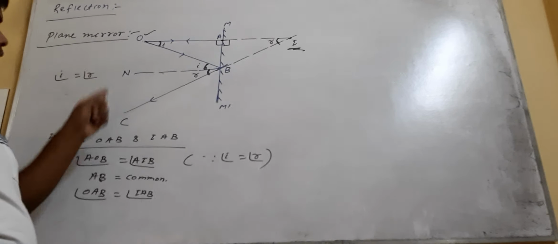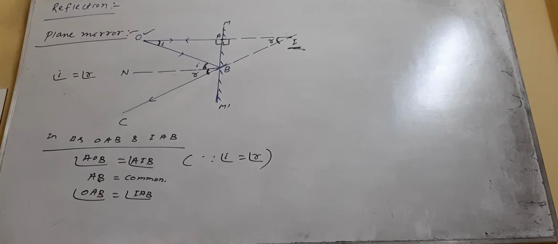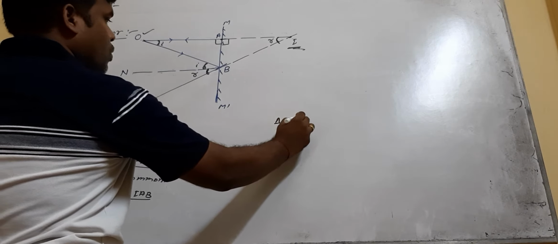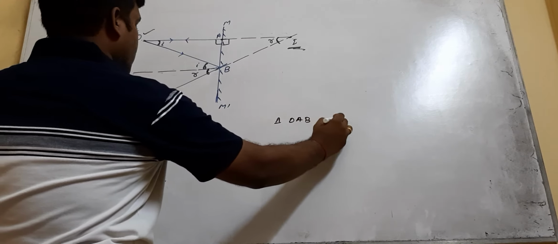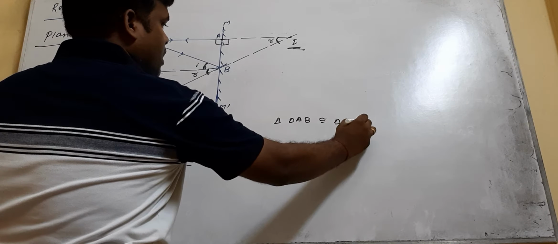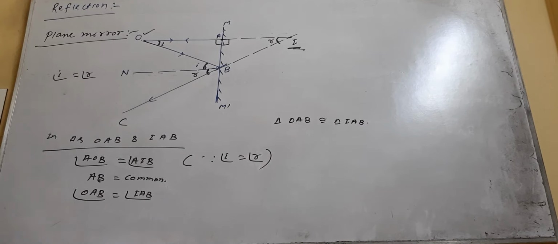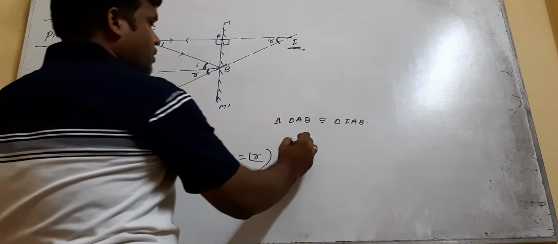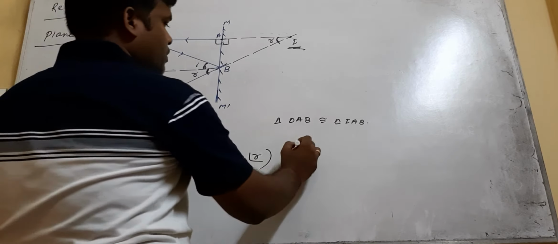So now you can say these two triangles are congruent with each other. Triangle OAB is congruent with triangle IAB. As the two triangles are congruent, their corresponding sides are equal. Now you can write OA is equal to IA. That means object distance is equal to image distance.